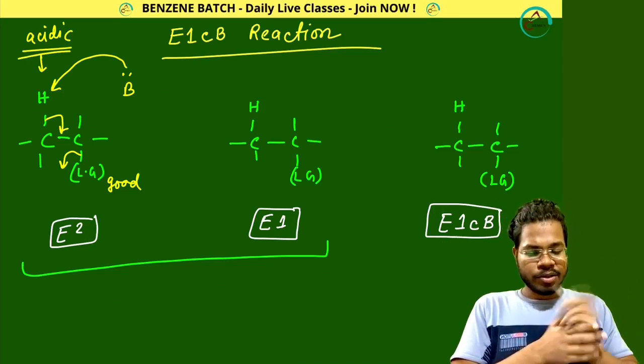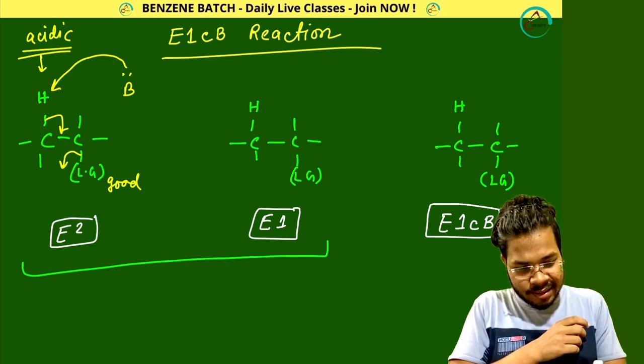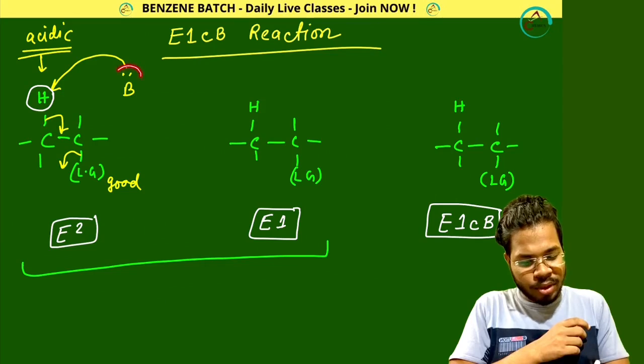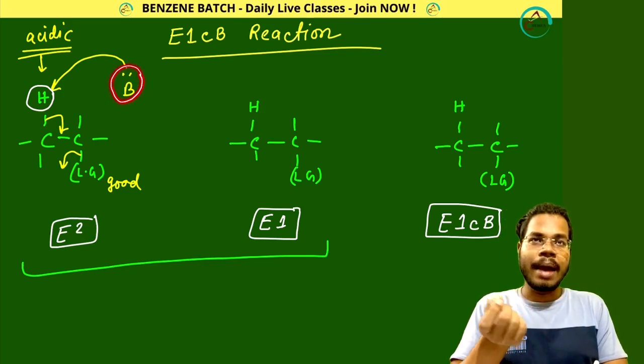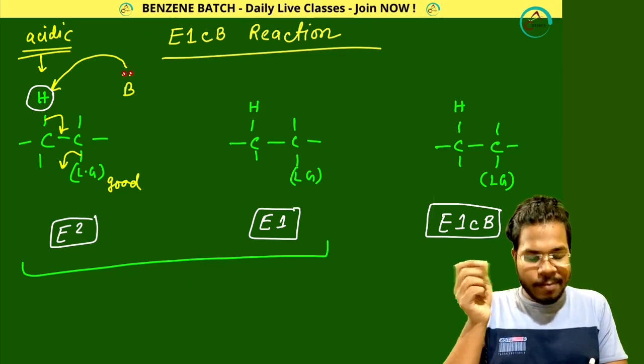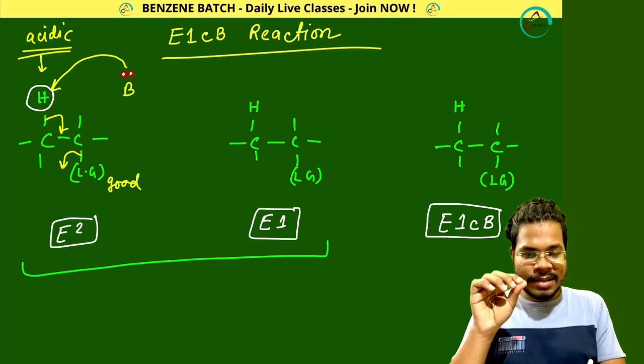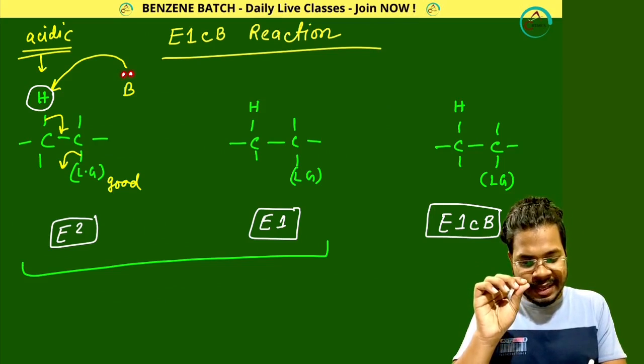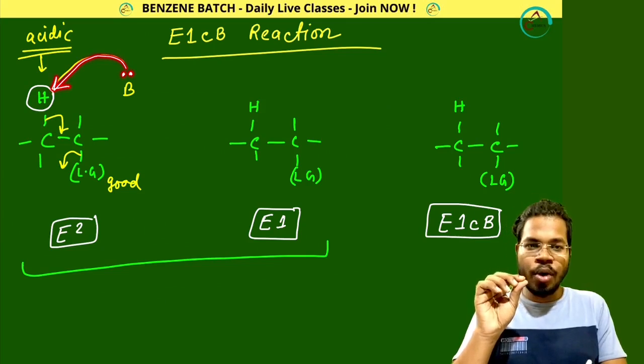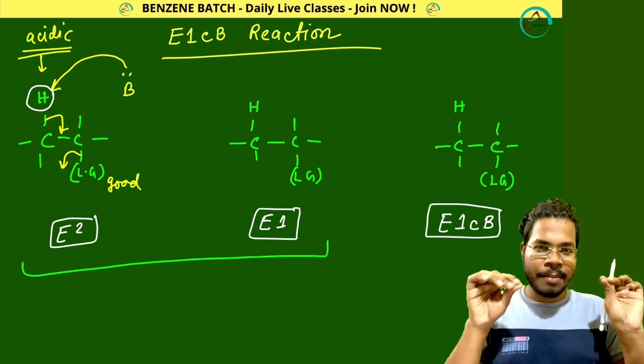As this hydrogen is acidic, listen carefully, the base will come, and remember, a base has only one job: wherever it sees acidic hydrogen, it will go and attack. This is the main job of a base.